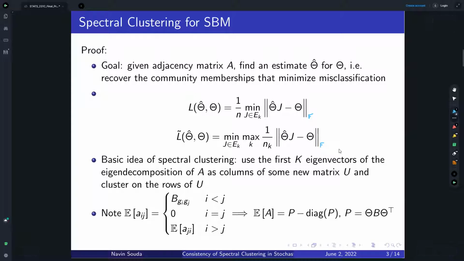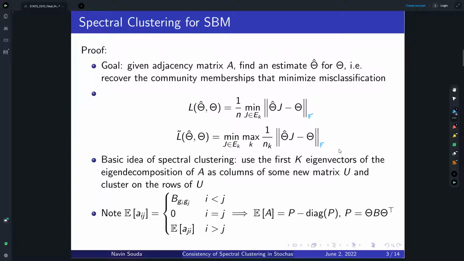The other one is L tilde(theta hat, theta), and this is taking the community by community misclassification error and then finding the worst case one out of all of the communities. The idea being that if we have a large community imbalance, then it's possible to do really well on the large community but very poorly on the smaller one. And we may not consider that a particularly good reconstruction, but we would still have a very good overall misclassification rate.